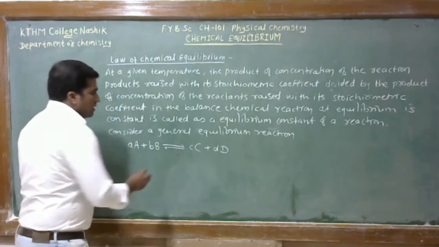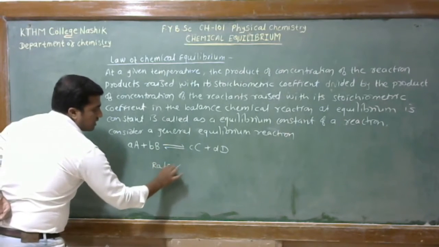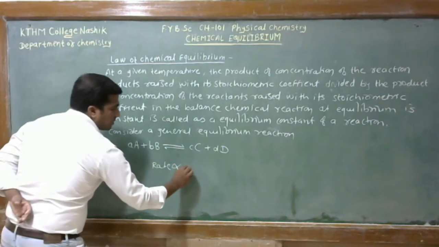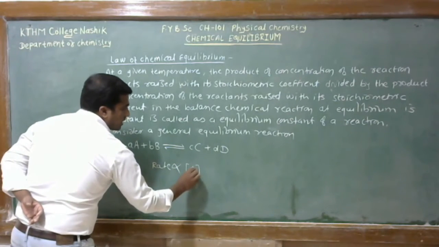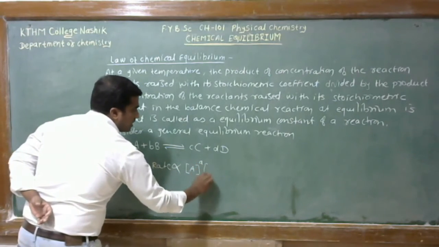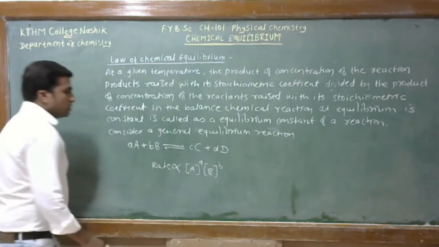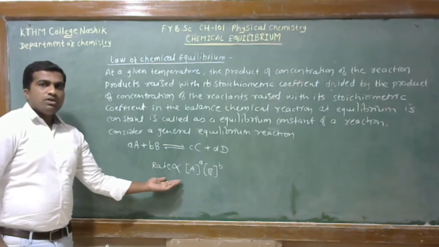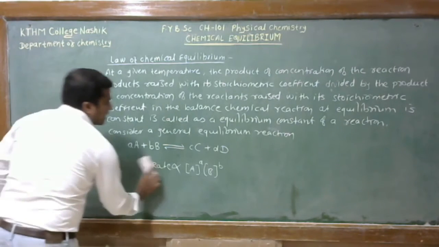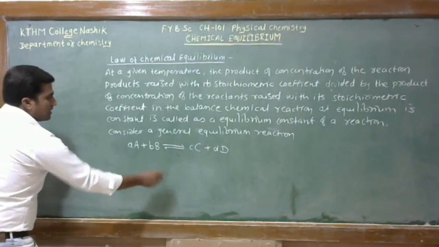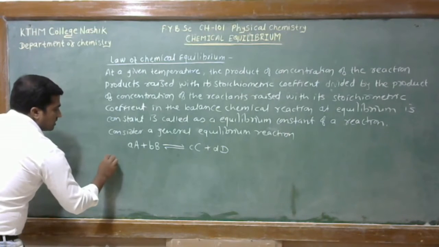Okay, so that is, the rate of any chemical reaction is directly proportional to the reacting substances, that is the capital A raised to power small a into capital B raised to power small b. So this is the law of mass action. So according to the law of mass action, we can write this chemical reaction in such a way.